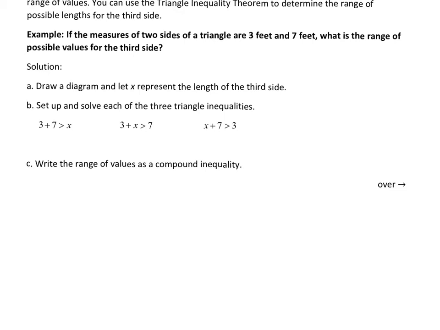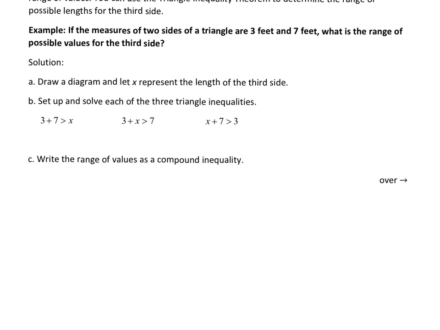So I've broken down the steps that we can go through in order to figure out that range of numbers. First of all, it says draw a diagram and let x represent the length of the third side. Now I have no idea what this triangle actually looks like, but again, I can just make a sketch. So I've got 3 feet on one side, 7 feet, and then we're trying to find the range of values for that third side.